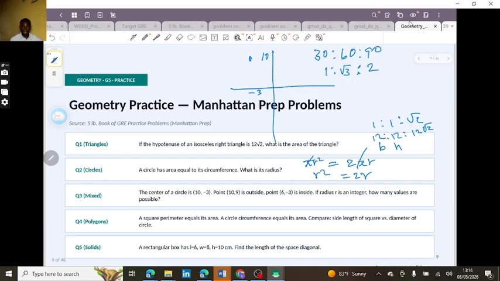Let's just mark that point as the center of the circle.